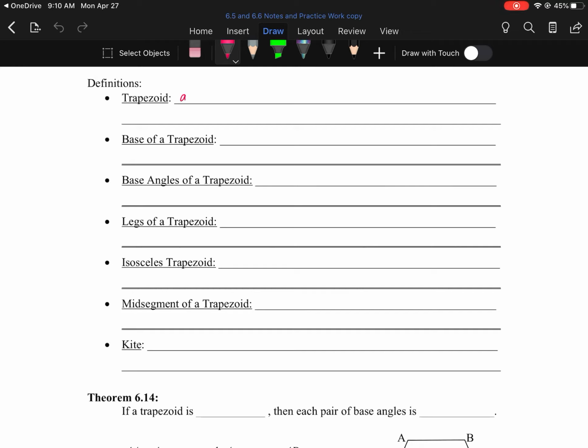A trapezoid is a quadrilateral with exactly one pair of parallel sides. All right, so one pair of parallel sides.